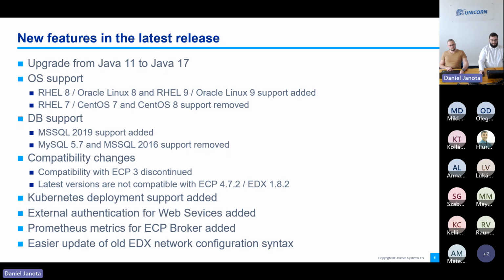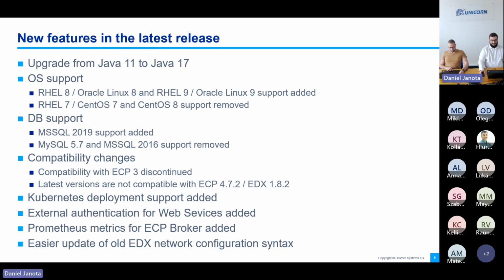We have also added the full support of Kubernetes deployment, so all Helm charts for all components are now part of the release delivery. We have also added external authentication for web services, so now you can use Keycloak or LDAP for web services.